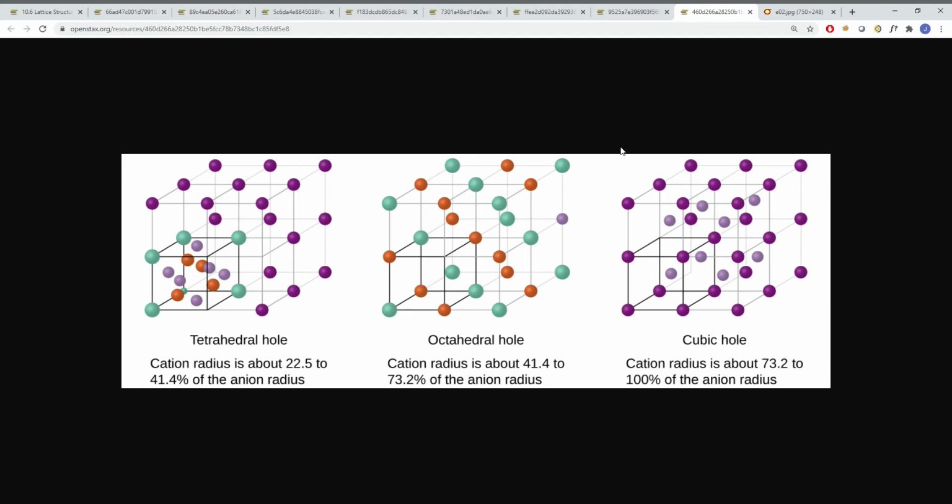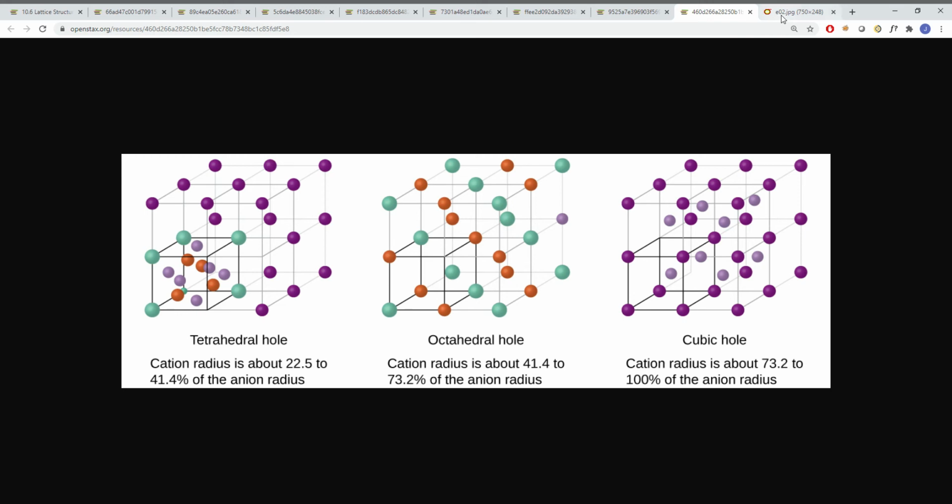You have the attractive forces between the anion and the cation, and you have the repulsive forces between cations and cations and anions and anions. And so depending on the relative sizes of the ions, you can get some really weird packing. You can fill these tetrahedral holes, or if they're similar enough in size, you get these cubic holes filled, so they just fit together differently. Okay, so you're mostly dealing with tetrahedral and octahedral holes for ionic compounds.